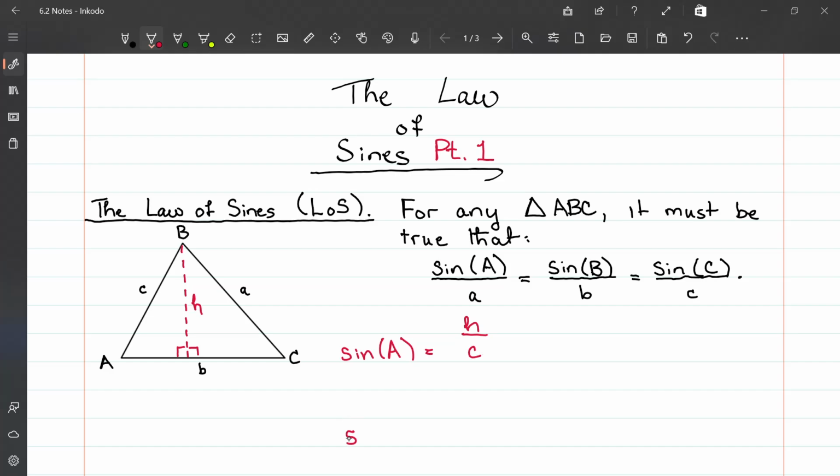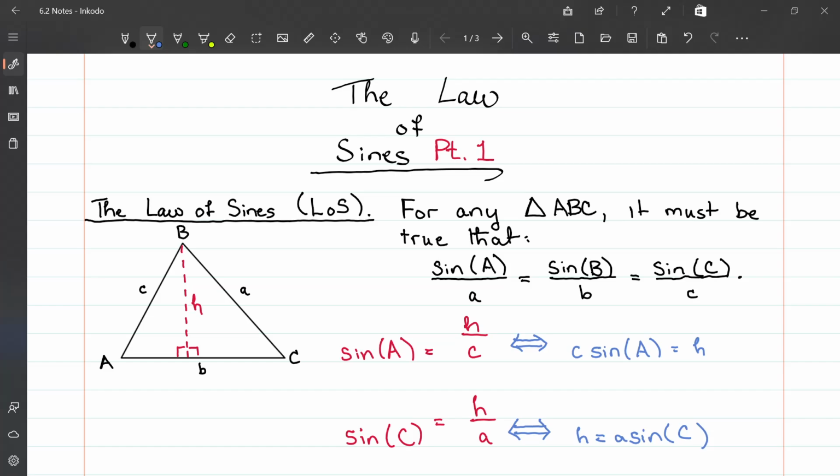And similarly, if I were to take sine of big B, or excuse me, not big B. In this picture, the way I've divvied things up, it would be big C, and I'd be using this right triangle right here. Then, for similar reasons, I should be finding that h divided by little a is equal to the sine of C. I can also rewrite these things to be a bit more useful.